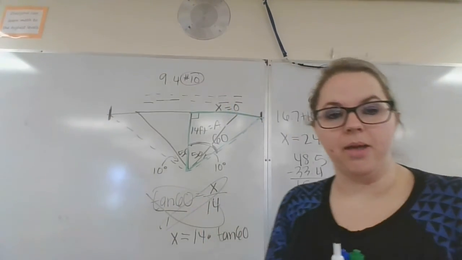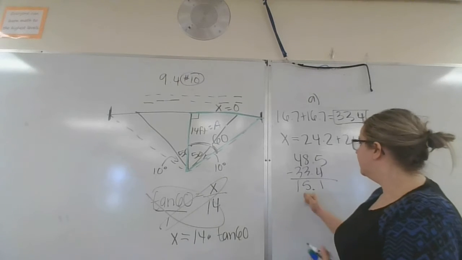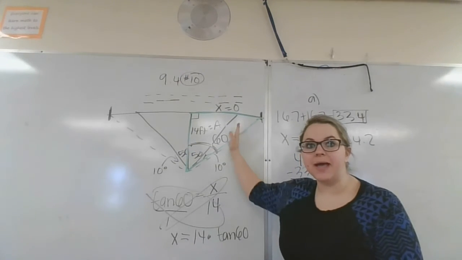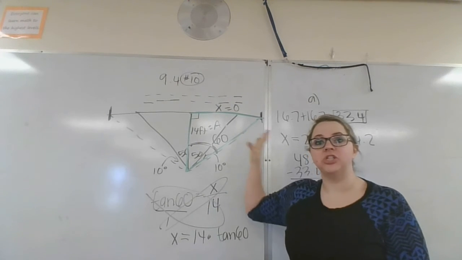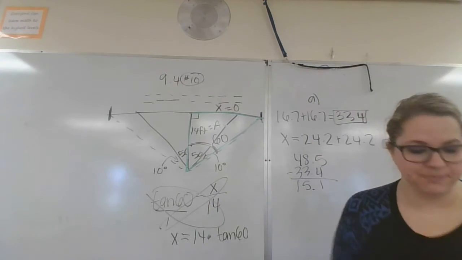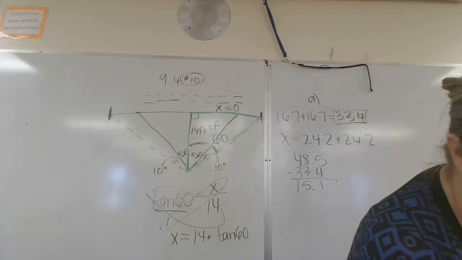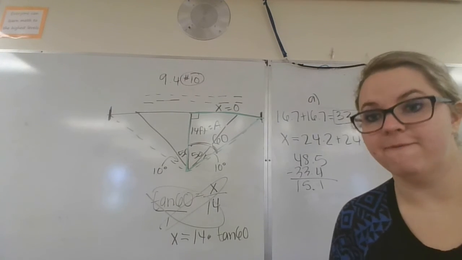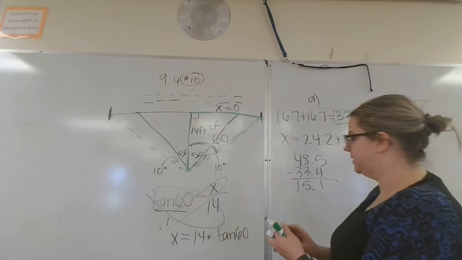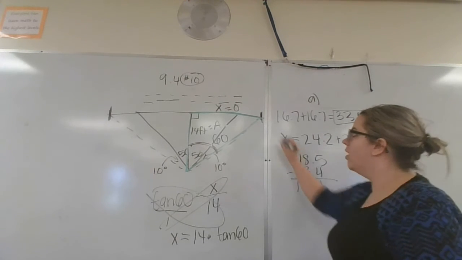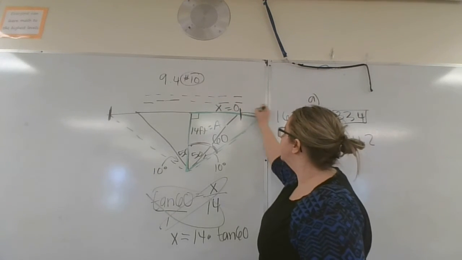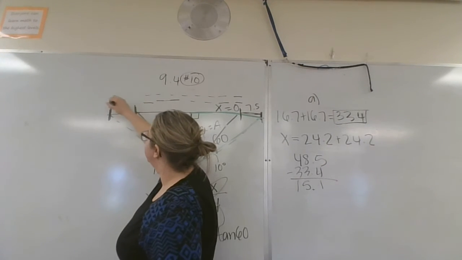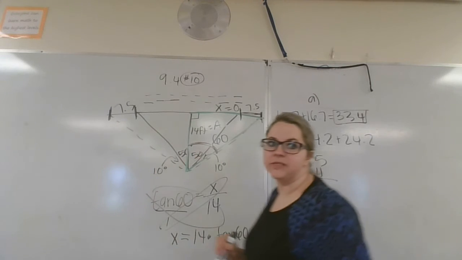Sorry, let me back up. This is the total extra length I have, but it's asking how many students I can fit on each side. So let's divide this by 2. 15.1 divided by 2 is 7.5. So that means this length here that got bigger is 7.5, and this length here that got bigger is 7.5.